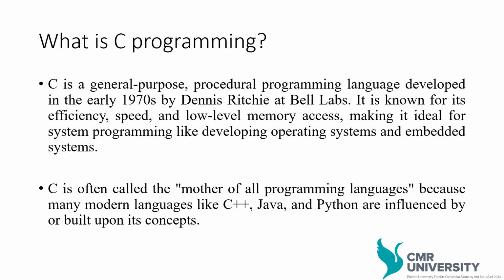It is known for its efficiency, speed, and low-level memory access, making it ideal for system programming like developing operating systems and embedded systems. These two are mainly useful in the electronics and communication field. You can ask ECE students; they will know about embedded systems and operating systems. They will be using C programming for all those applications.